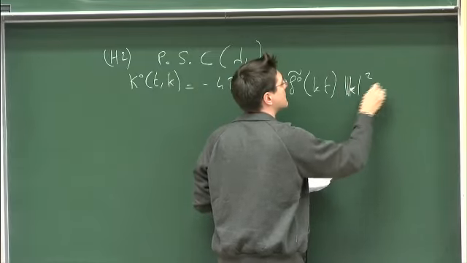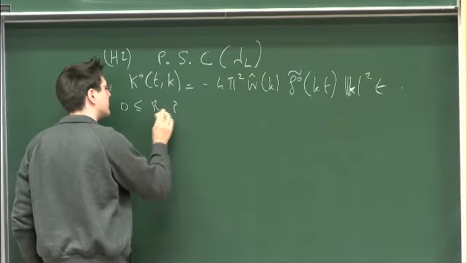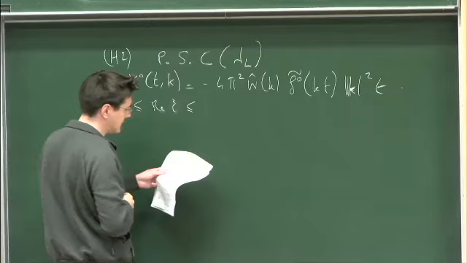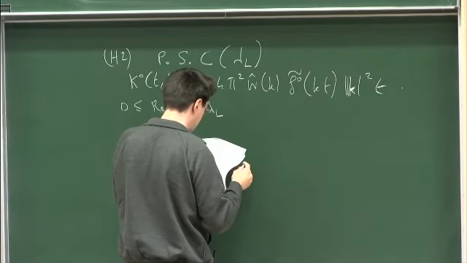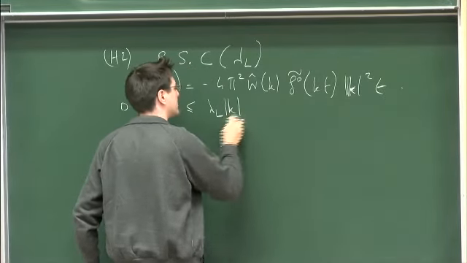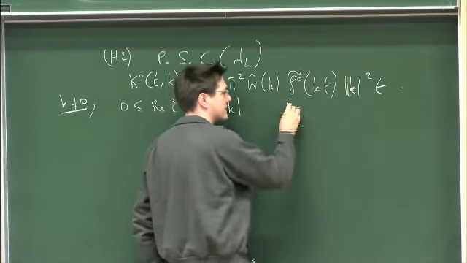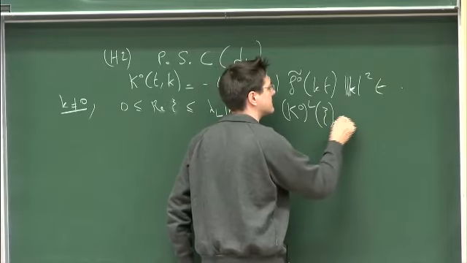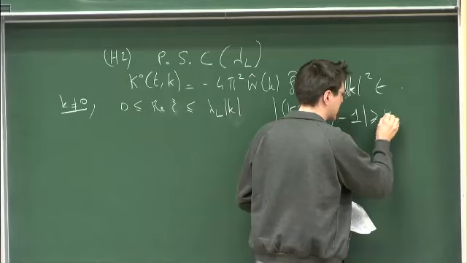And this kernel should satisfy that for xi with real part in the strip between 0 and lambda L k for any non-zero frequency, we want to see that the complex Laplace of this kernel at xi minus 1 is greater than some constant that I called kappa in the course.